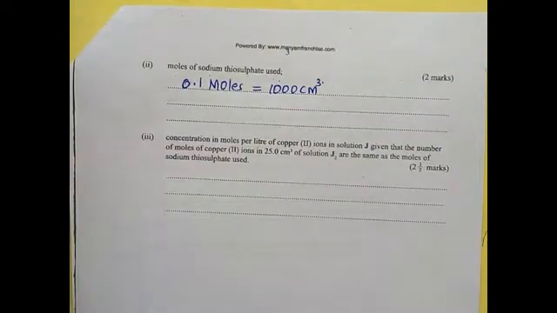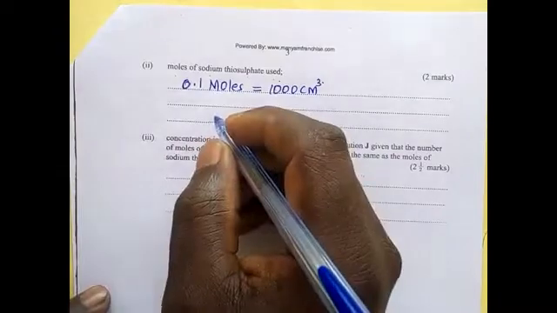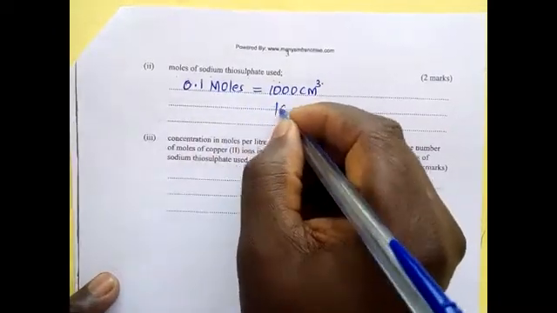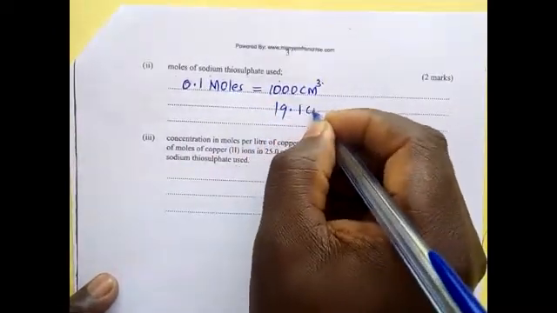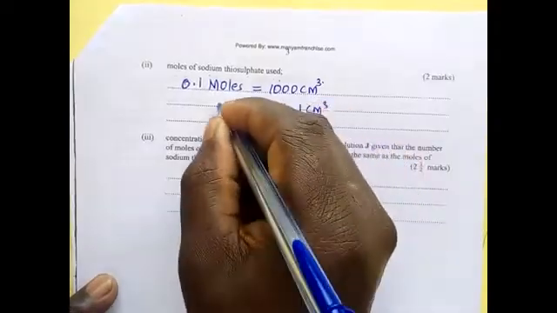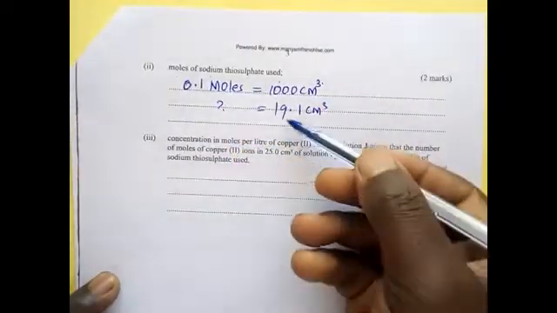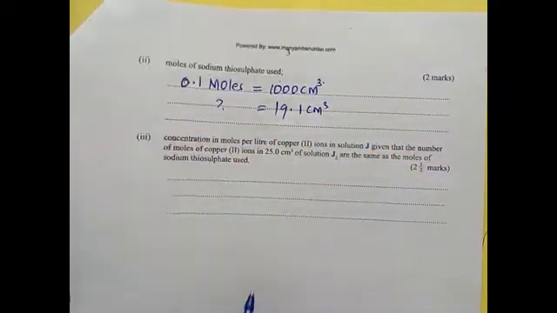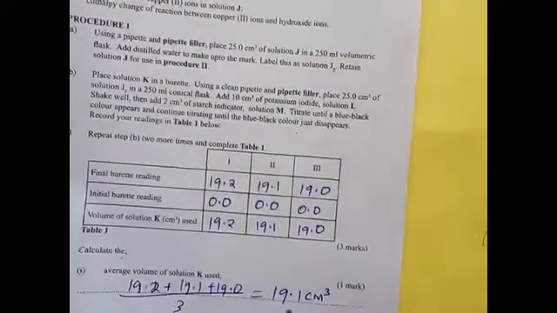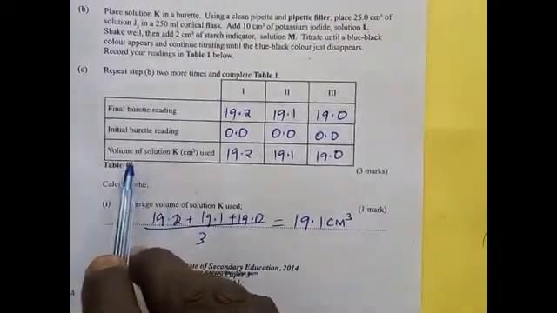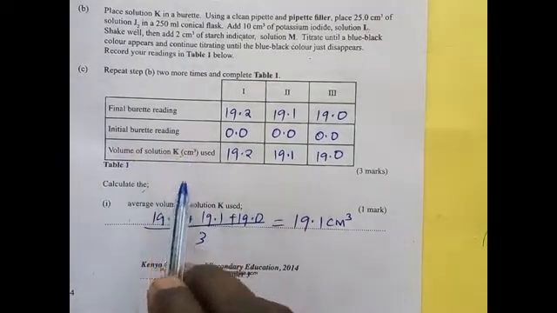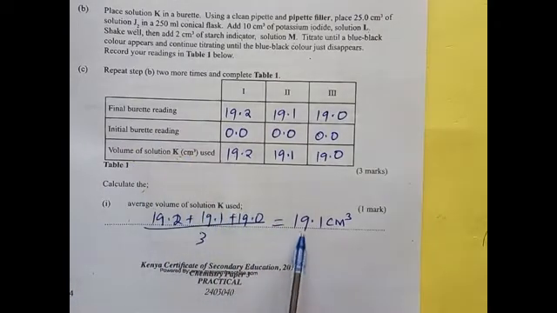But we have used sodium thiosulfate solution K, 19.1, so we will ask: 19.1 centimeters cube will contain how many moles? 19.1 is our volume. Solution K is sodium thiosulfate. The average volume is 19.1.